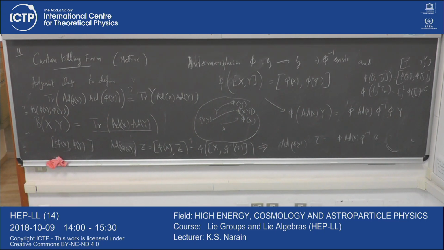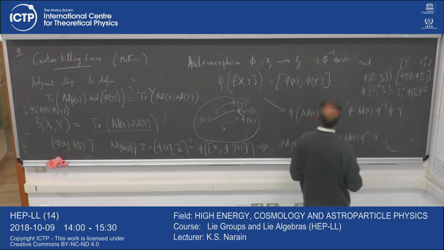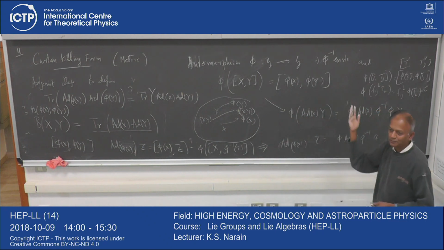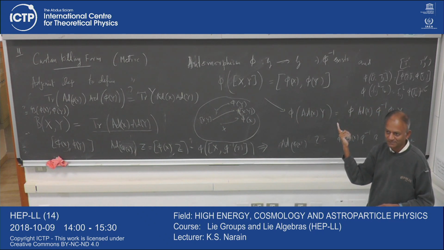And I guess phi maps from G to G, but phi is not in G, right? Phi is just an arbitrary automorphism. But you see that phi inverse must exist. In particular, no element should be mapped to 0.